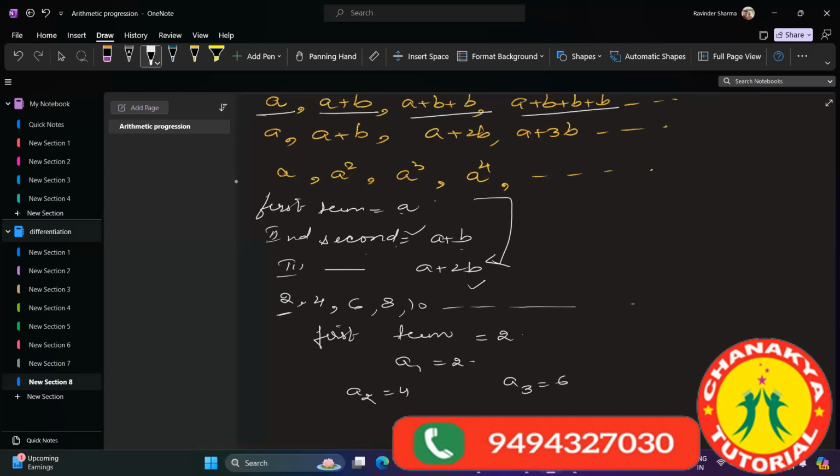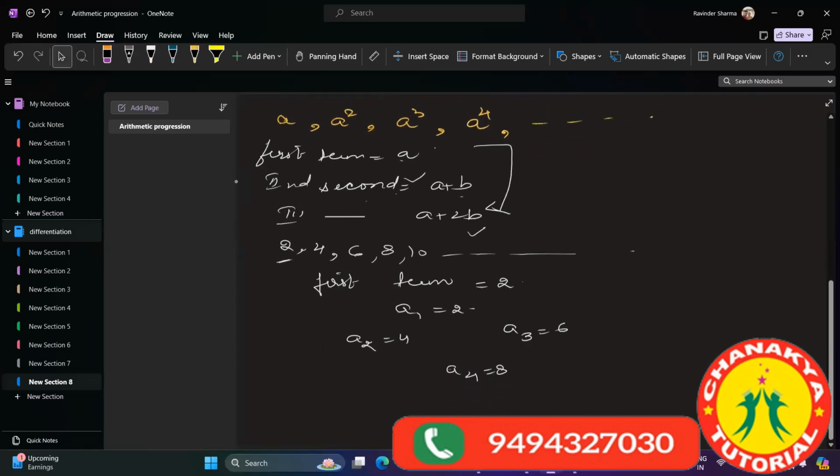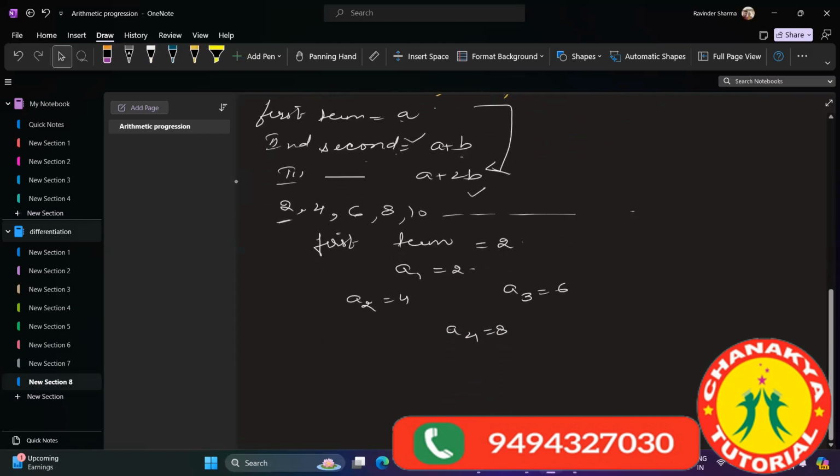So children, if you observe, there is a difference of 2. Am I correct, children? There is a difference of 2. See, your first term is 2, then your second term will be 2 plus 2, then the third term will be 2 plus 2 plus 2, and your fourth term is 2 plus 2 plus 2 plus 2.